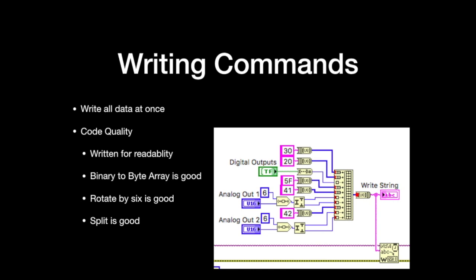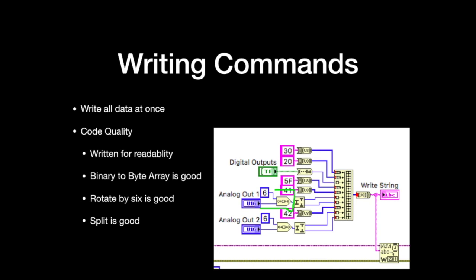This example code wasn't written for efficiency, but for readability. To increase the efficiency of this code, it would be better to write each command as a number instead of a hexadecimal string that is converted into a number. Some parts of this code that are very efficient, however, are the digital output writes and analog output writes. This function here is called bit array to number and is very effective at converting a series of Boolean buttons into a single number to be written to the digital outputs.